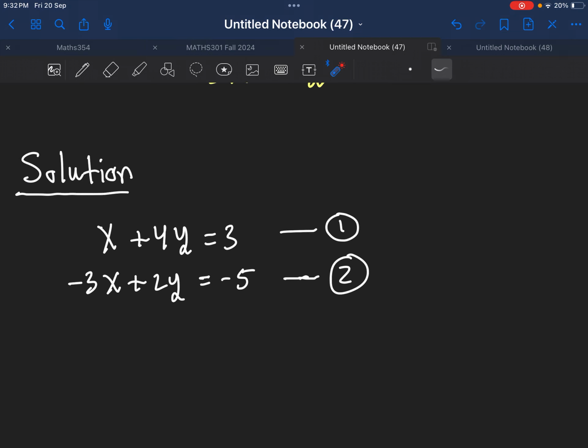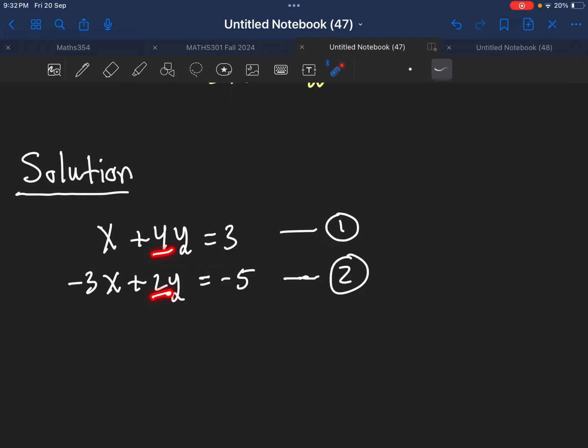In order to do that, we always try to get the numbers in front of the variables to be the same. So for example, if you want to eliminate y, this number here and this number here must be the same. Now, if you look at this example, this is 4 and this is 2. So they are not the same.